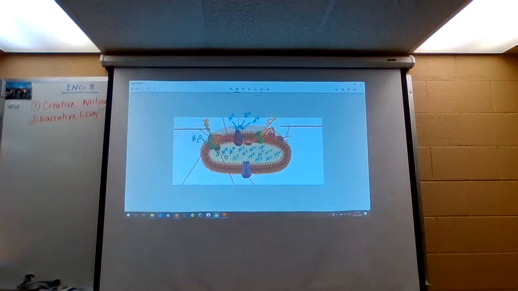Sure enough, it opens up and whoosh. Hydrogens start rushing out, and that creates energy to make ATP, which is now out here in the stroma. Does that give you a good visual of what happens?